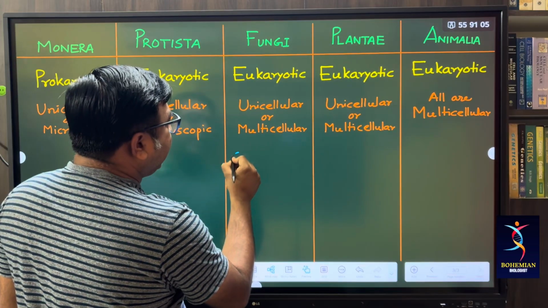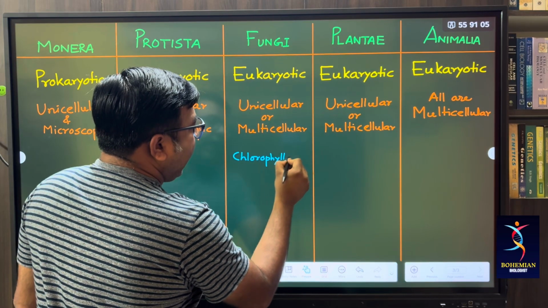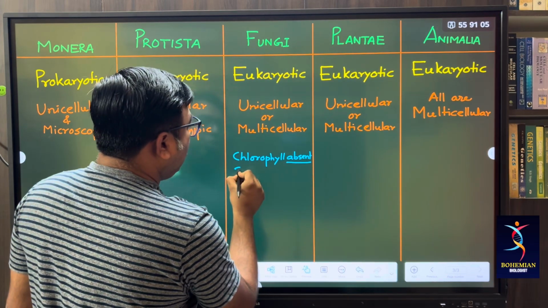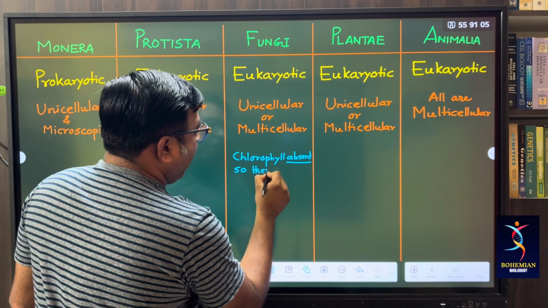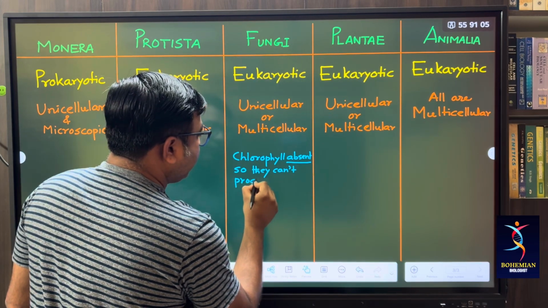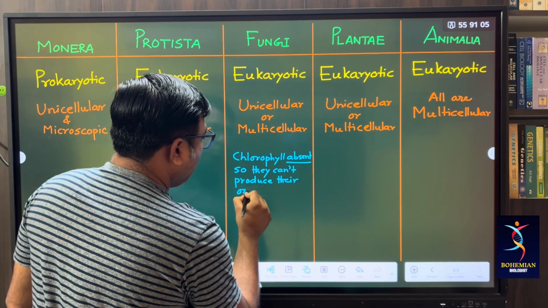In case of fungi, chlorophyll is absent, so they cannot produce their own food.